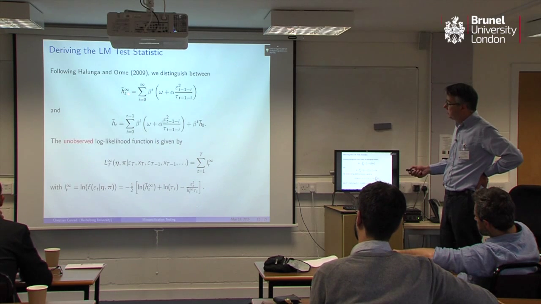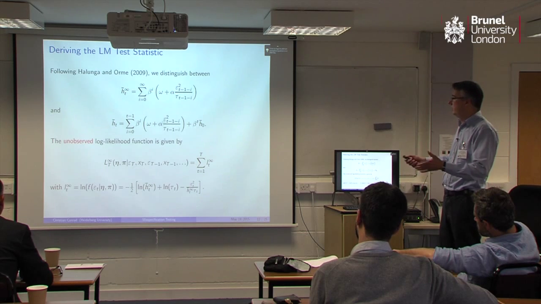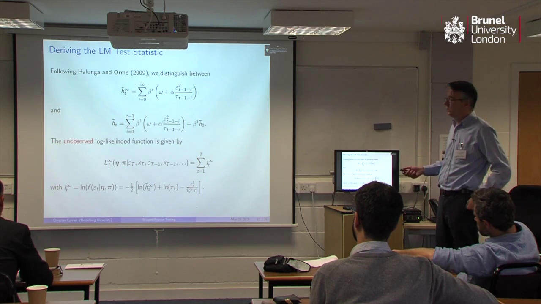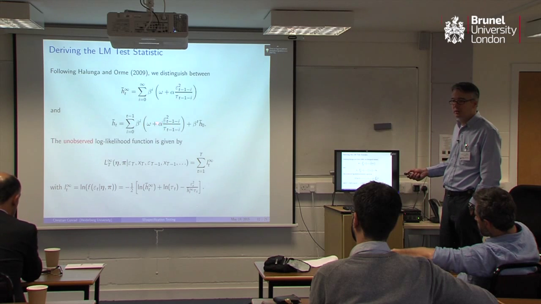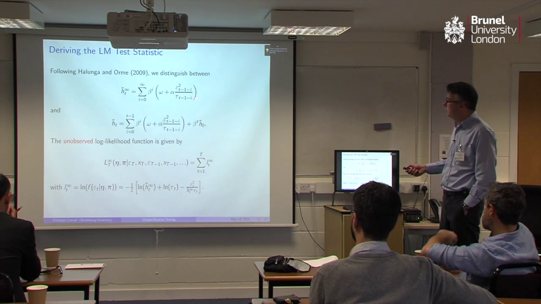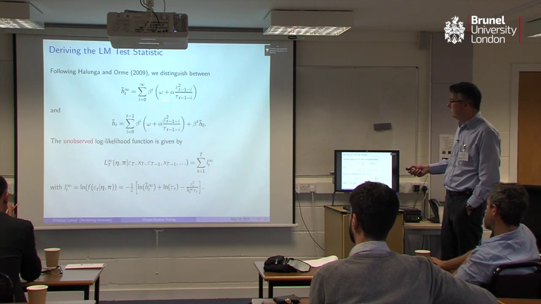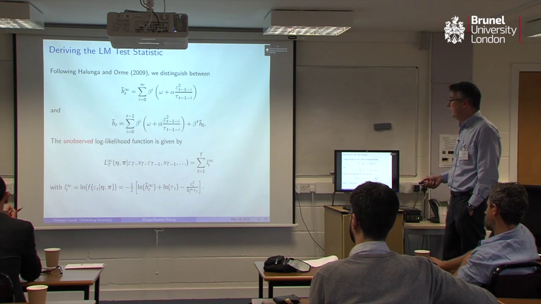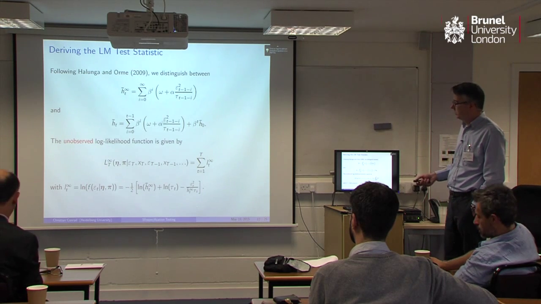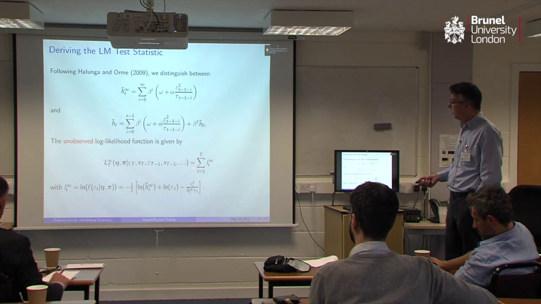We have to distinguish between h_t infinity, which is the ARCH(infinity) representation, and what we call h_t, which is what you get when you have some starting values at time 0. This is what we use for the so-called observed likelihood, and h_t infinity is for the unobserved likelihood. In the derivation, we will always work with the unobserved likelihood.